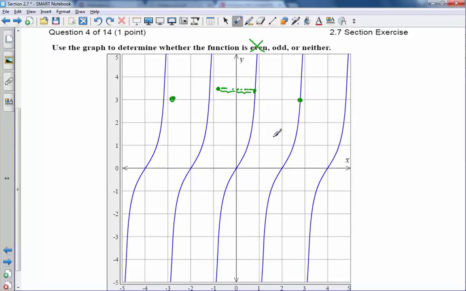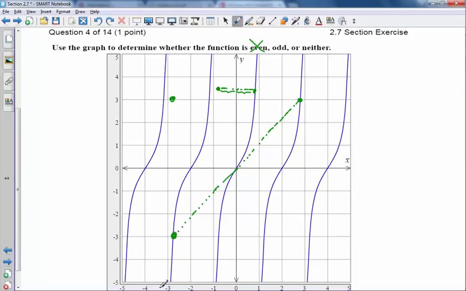Let's test this point for origin symmetry. How do I test it? Take a ruler and connect this dot to the origin in a line. And measure this distance, 1 corner, 2, almost 3, and go the same distance to the opposite side. 1, 2, and 3.